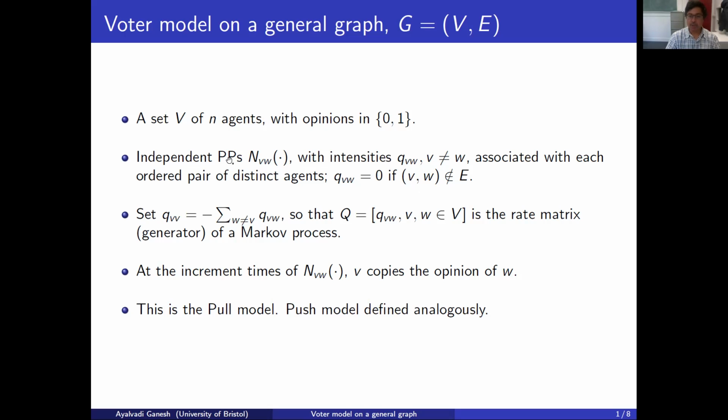Okay, and these are all mutually independent. And the graph comes in by saying that the rates, the intensities of these Poisson processes, are 0 if VW doesn't correspond to an edge. Okay, so equivalently, this Poisson process is empty if there is no edge.